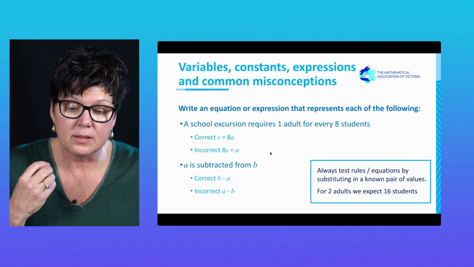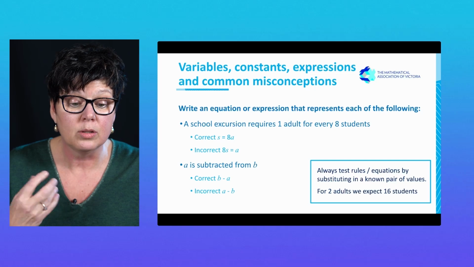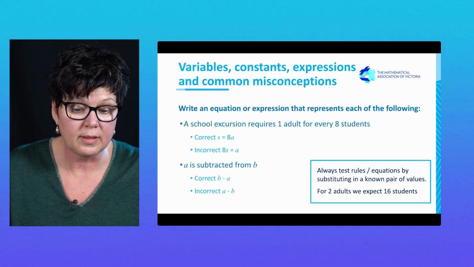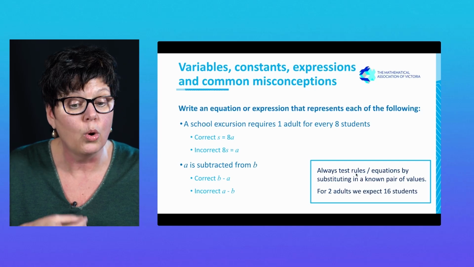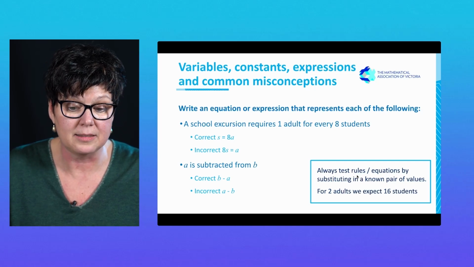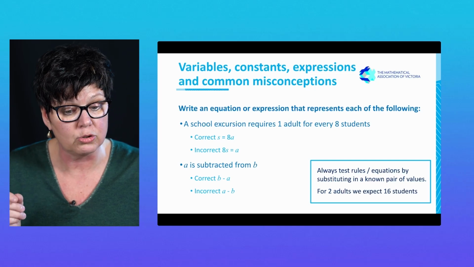So in that case, it is really, really important that every time students are developing and writing an equation, they substitute in a pair of numbers that they know works and makes sense in that situation. And you might recall that we did that with the growing patterns in video 2 as well.